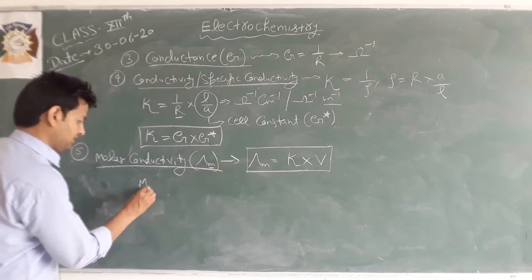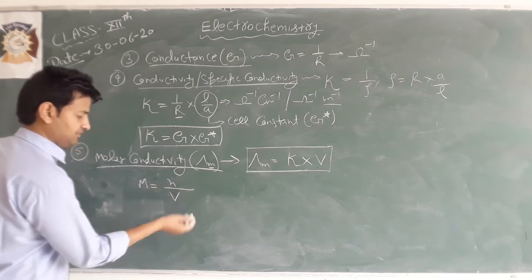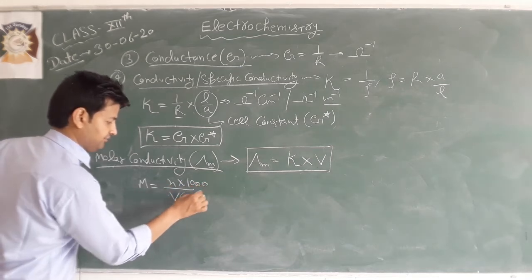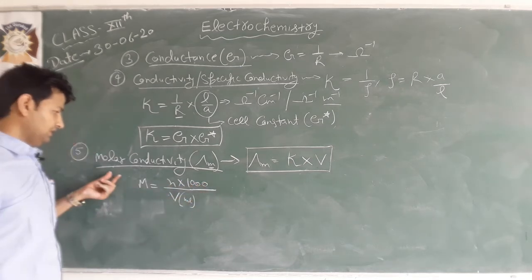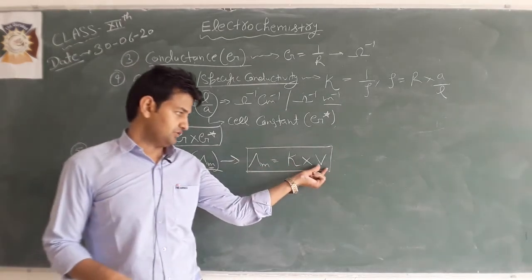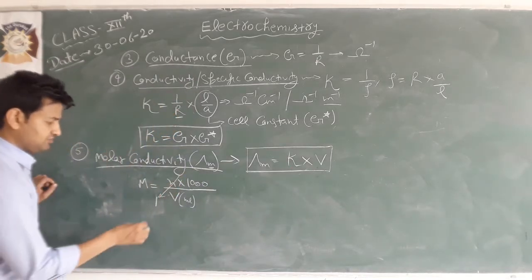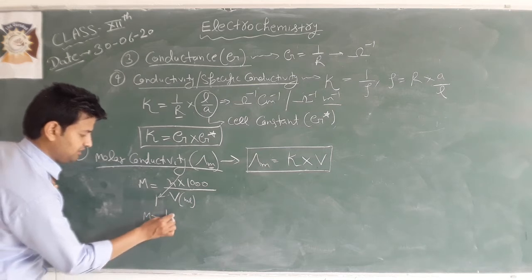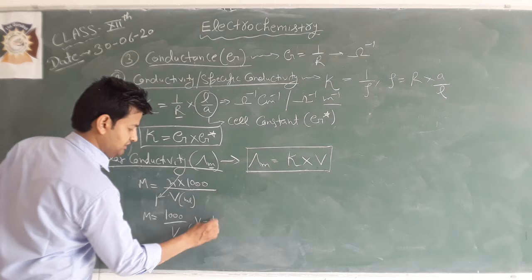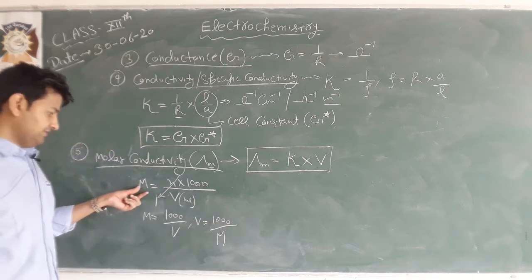The formula for molarity is number of moles of solute by volume of solution. If it is in ml, then it is multiplied by 1000. As per the molar conductivity definition we already discussed, the volume of solution contains 1 mole of electrolyte, so number of moles will be equal to 1. So we can say that molarity will be equal to 1000 by V, or volume is equal to 1000 by M. What is the unit for molarity?